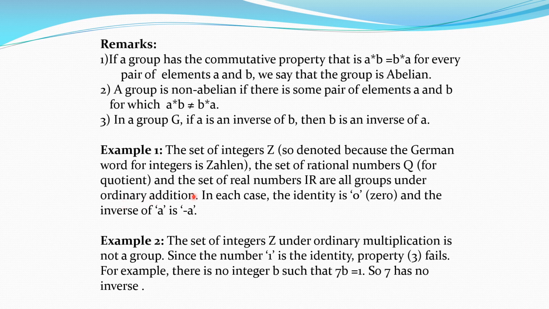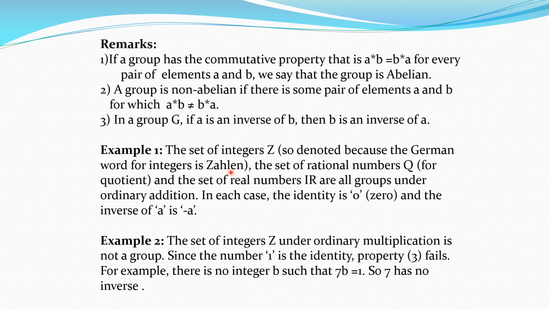That is, with respect to the usual addition of numbers, Z, Q and R all are groups, because in each case 0 is the identity element. For every element A in that set, minus A is its inverse. Addition is a binary operation. Addition is associative. So all these properties are satisfied by these sets with respect to addition.